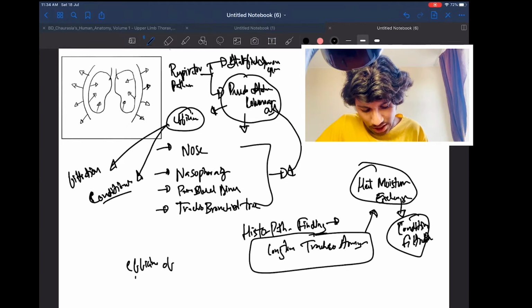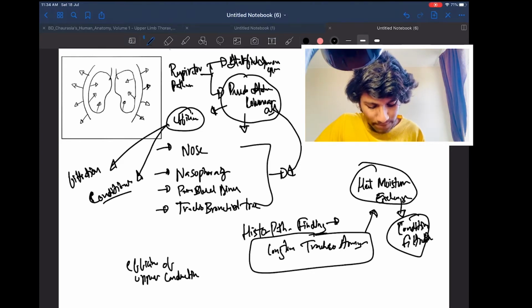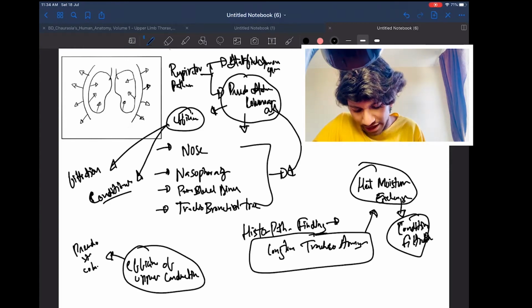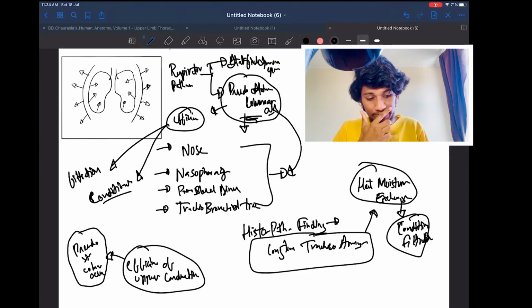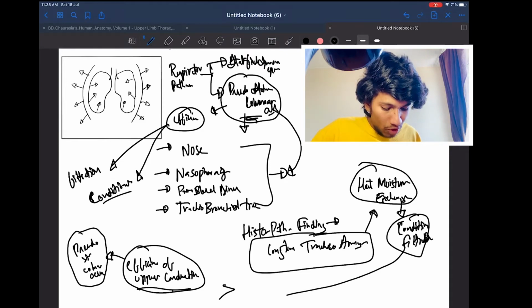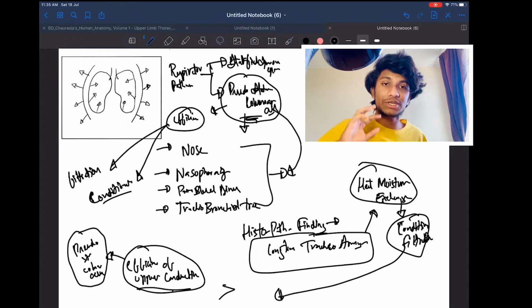The efficiency of the upper conducting system, which is lined by pseudo-stratified columnar cells, is more efficient as compared with the conditioning of the heat moisture exchanger.